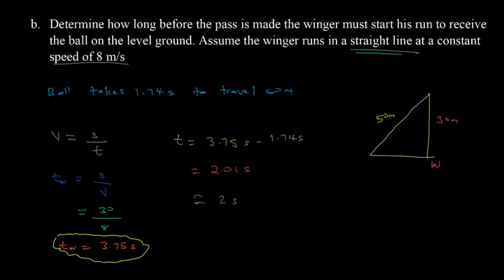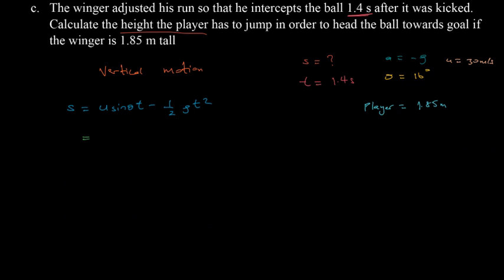So this is 30 sine theta, which is 16 degrees, multiplied by T, which is 1.4 seconds, minus a half.